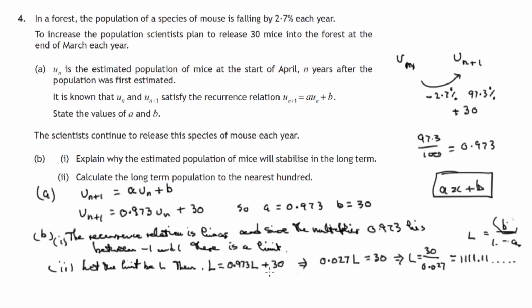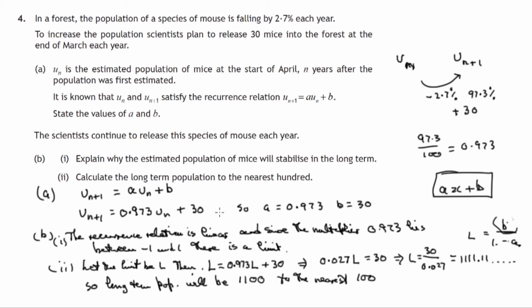But they do ask us for accuracy of nearest 100. So long-term population will be, now it's nearer 1100 than it is to 1200. So it'll be 1100 to the nearest 100.